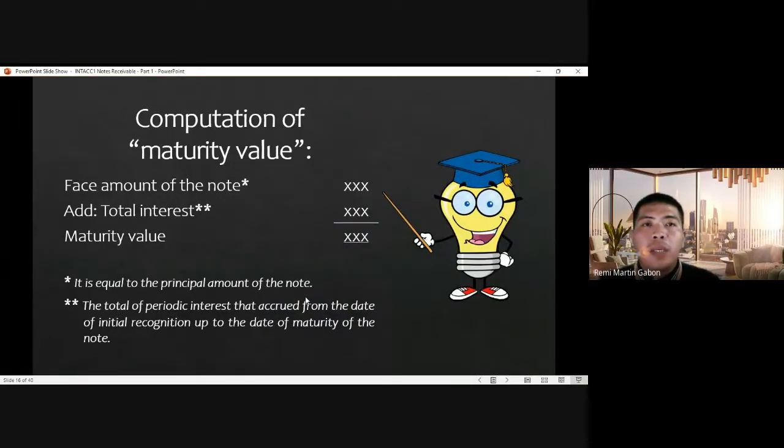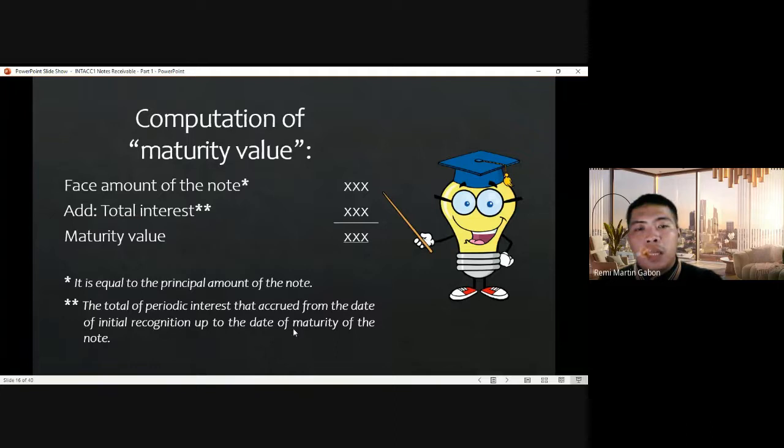In relation with notes receivable, we have to be familiar with the computation of maturity value. Maturity value is computed as the face amount of the promissory note, which is equal to the principal amount of such note plus the total interest. Okay? So the sum of the two is the maturity value.